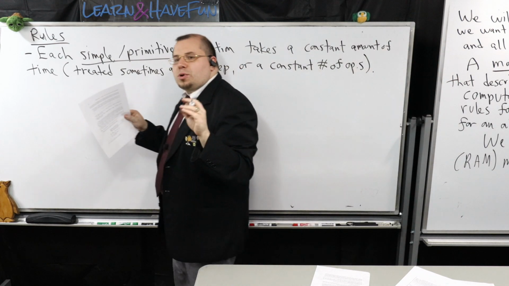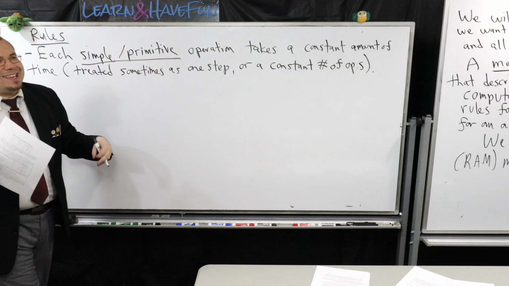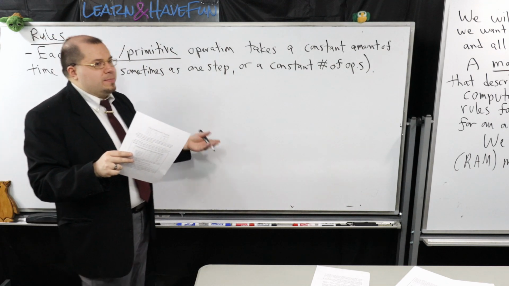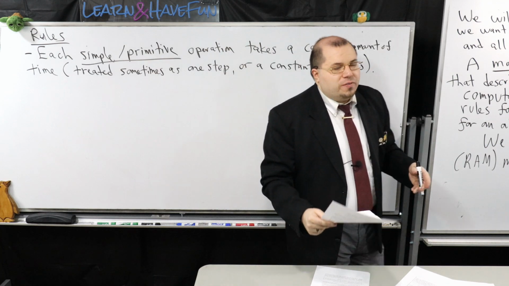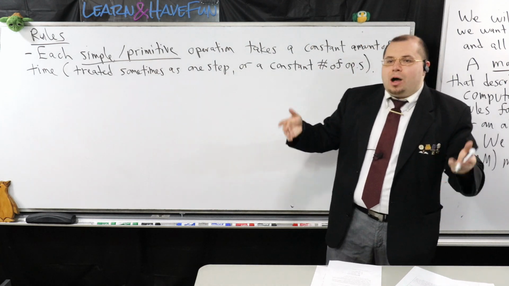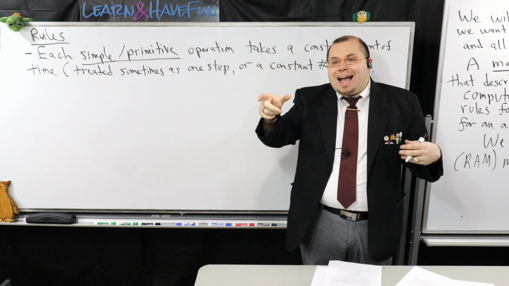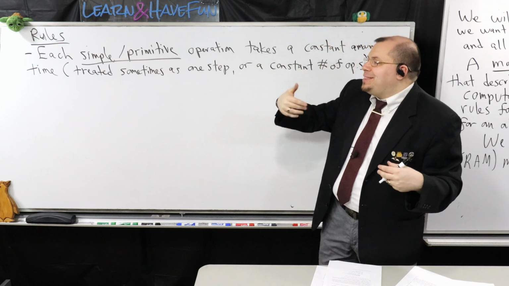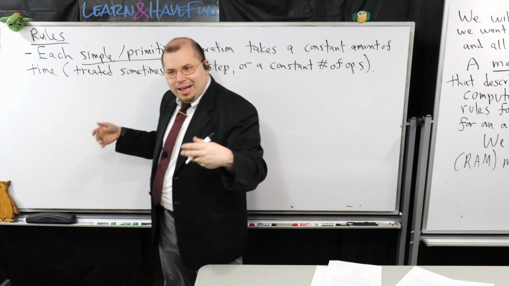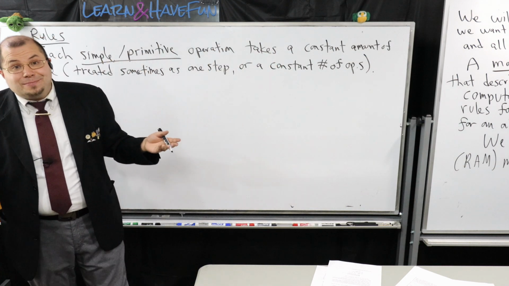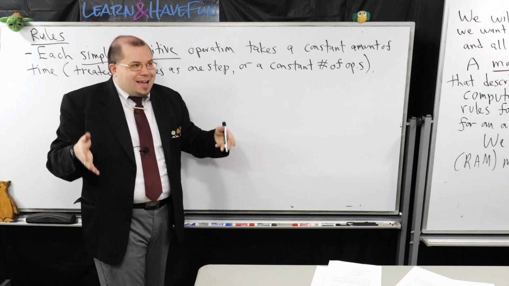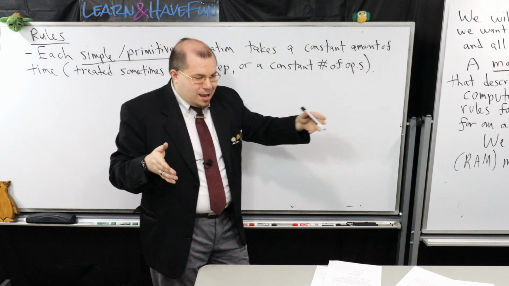So when I say the word constant, what I'm referring to is independent of the input. So for example, if I look at linear search, you know the algorithm, it starts off by assigning a variable i. Notice that what happens with i and the amount of memory I use in that case doesn't really matter, right? The only part that matters is actually how much time is taken here.